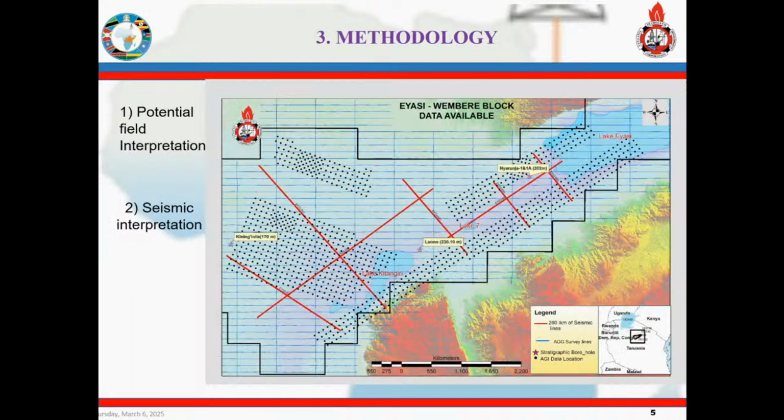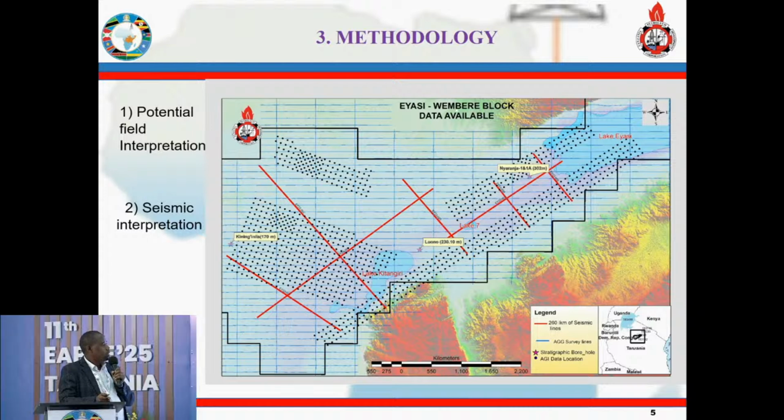Next. Here, as I said, we started exploration in the area in 2015, where, as you see, those blue lines are the airborne gravity gradiometry survey, which was surveyed in 2015-16, where the line separation of this survey was 1,000 meters from one line to another, with a tie line of 2 kilometers.